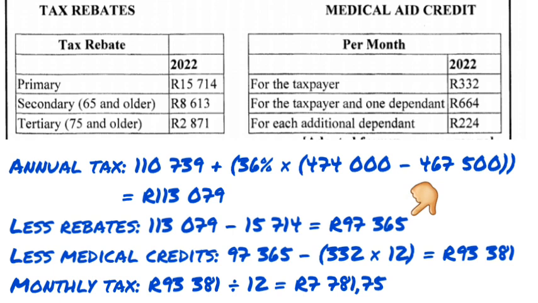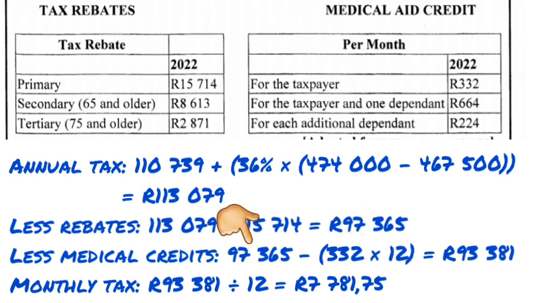Then remember, he belongs to a medical aid, and because it's only him, you're going to take the amount that he pays per month and multiply it by 12, because remember, we are still dealing with annual amounts.